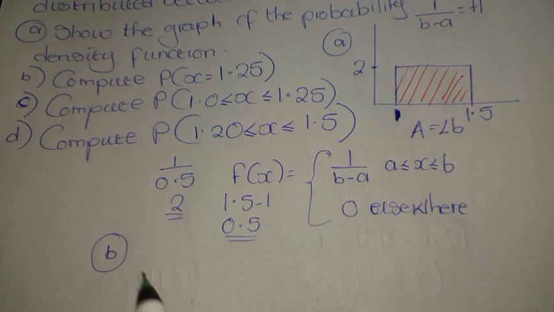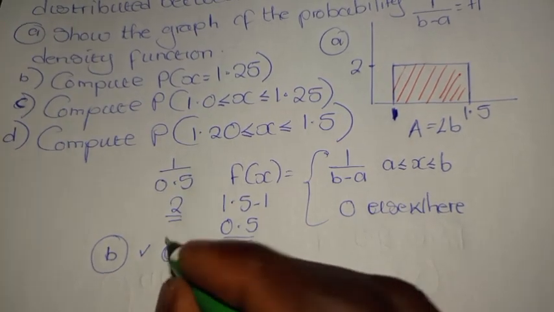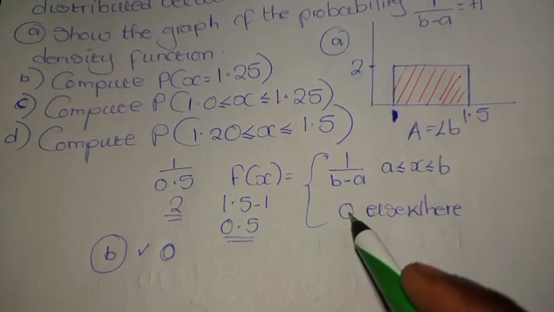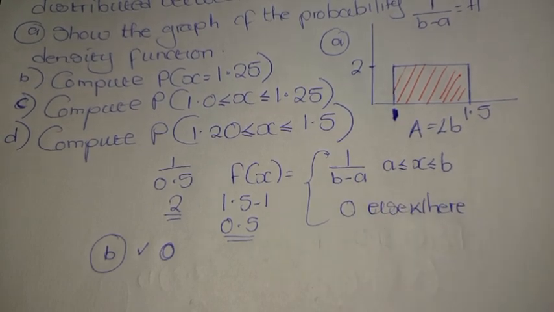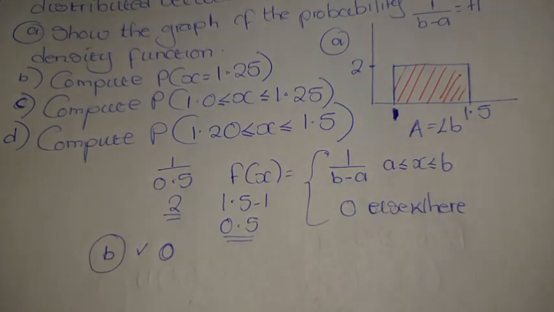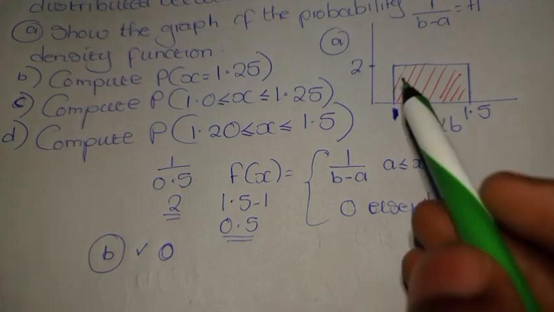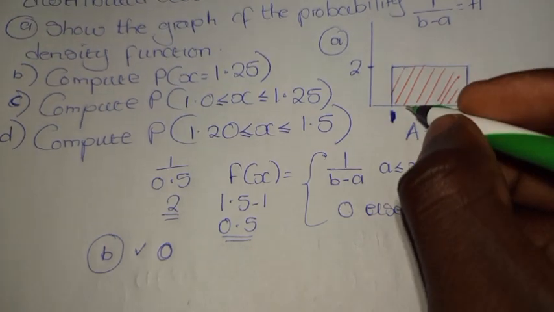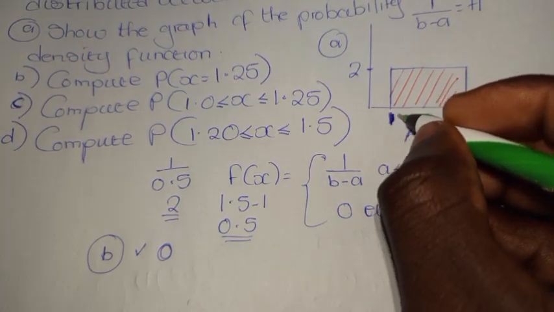So the answer for this one is 0, because they have said if it does not obey this, elsewhere, it is 0. But why are we saying it is 0? We should know that the probability that x takes on any single individual value is 0. What I'm trying to say is, the area under the curve but above the x-axis, where let's assume we only have our 1 here.